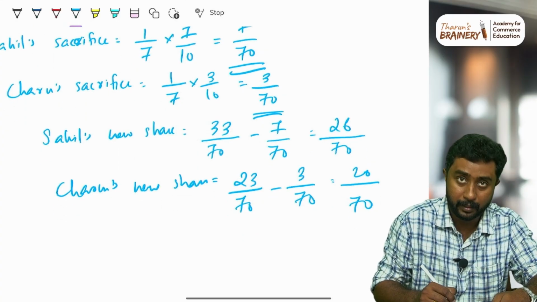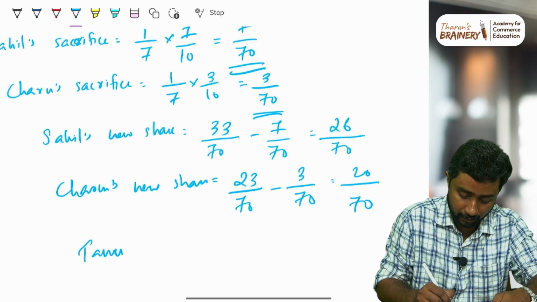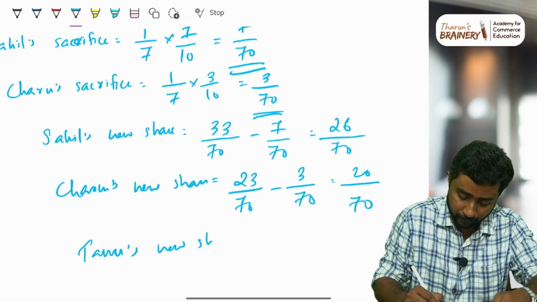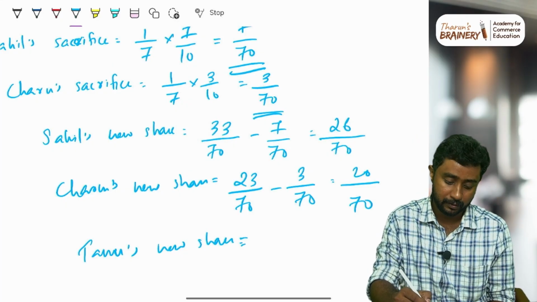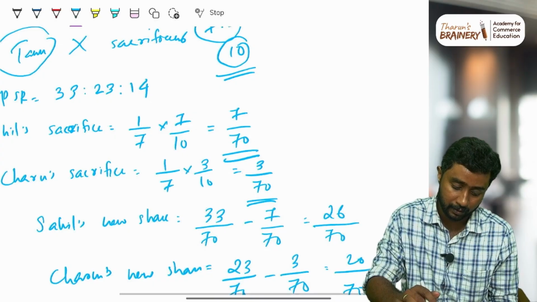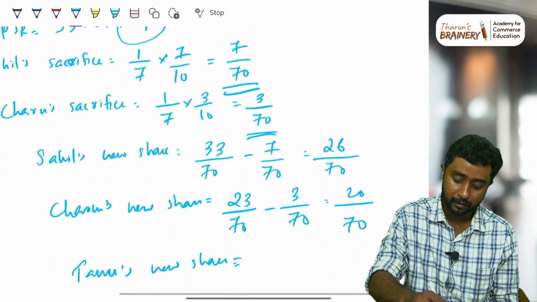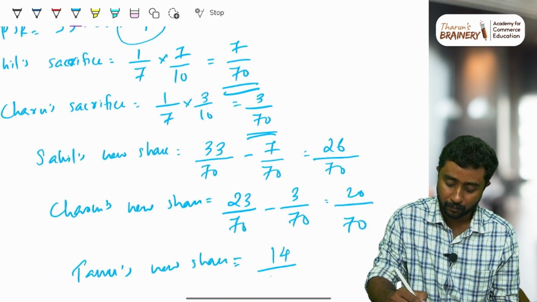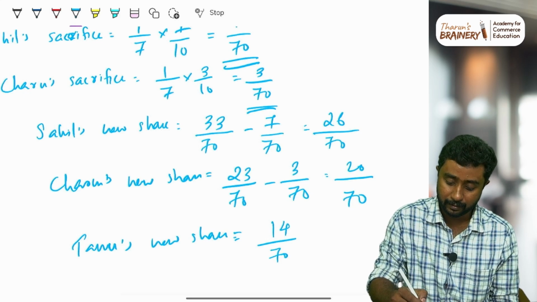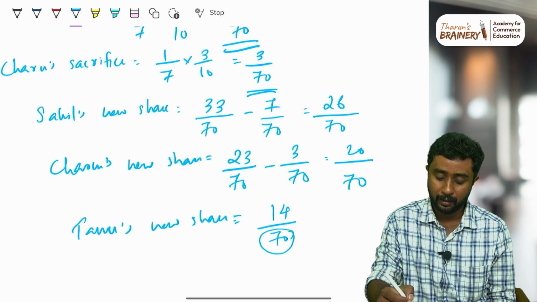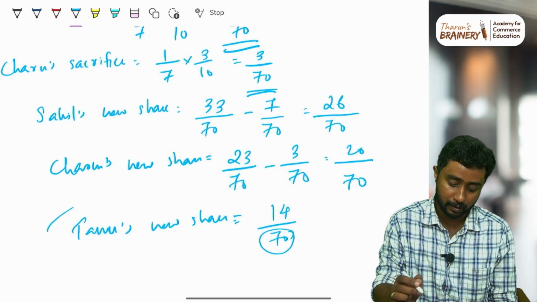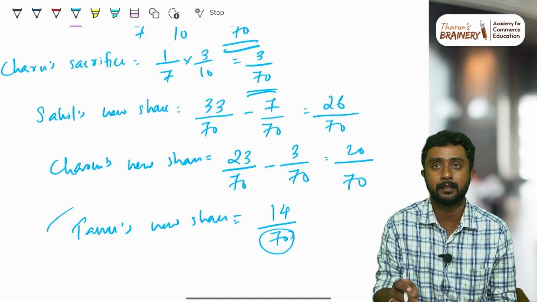Now, who is the next person? Tanu's new share. As we know, Tanu has not sacrificed anything. So Tanu's old share itself is the new share. That is 14. So here it will be 14 out of 70. As the denominator is 70, we don't have to do anything on Tanu's share because Tanu has not sacrificed anything.